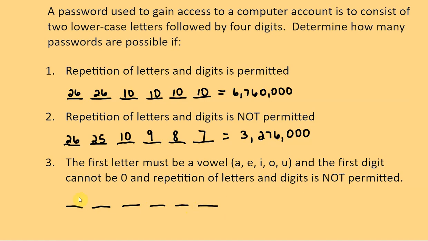But the first letter must be a vowel, A, E, I, O, or U. So that only gives us 5 choices of what can be in the first position. Repetition is not allowed, so whatever we used in the first position cannot be used in the second position, which limits our letters to 25.